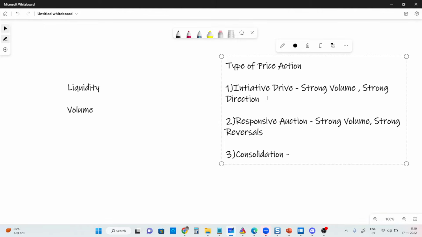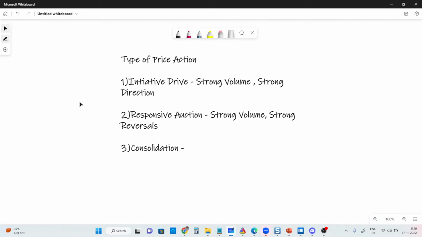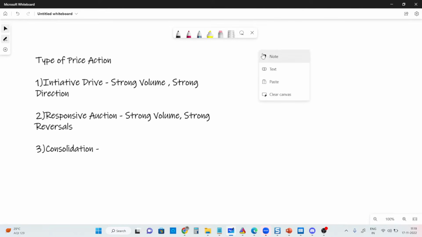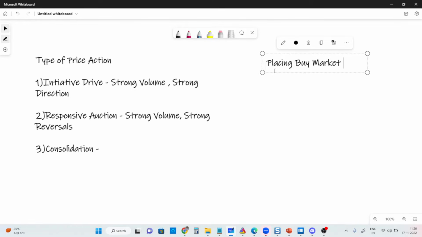Now, the difference here is that it is more connected to liquidity. So that is what I want to talk about. Here we talked about only one side, only from the volume perspective. But if I am placing a buy market order, then I'll be buying from a seller.